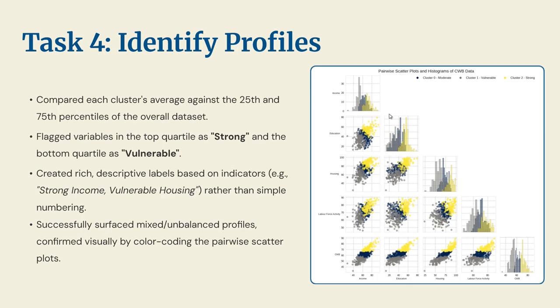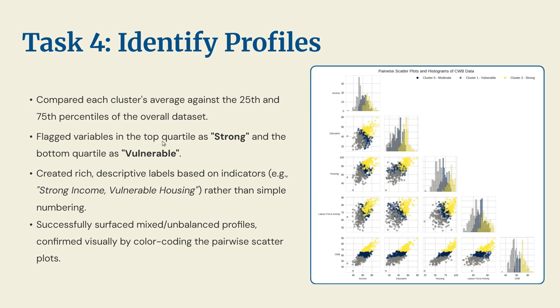So this is the payoff of the whole project. Numbers alone don't really mean anything, but here we have our cluster data. So I compared the average on each variable against the 25th and 75th percentile once I had my final results in order to determine what parts of a profile gave it its characteristics. So you'll see that more in the Google Colab sheet.